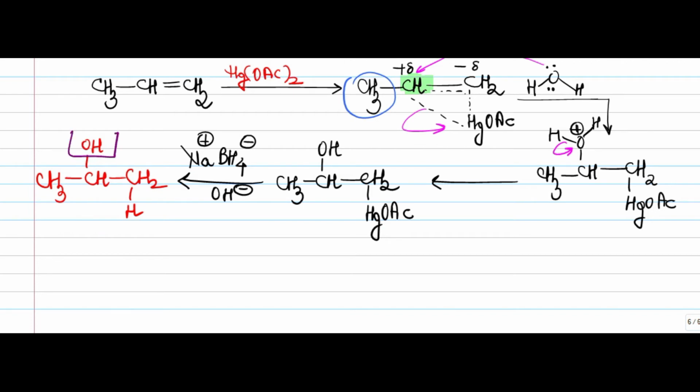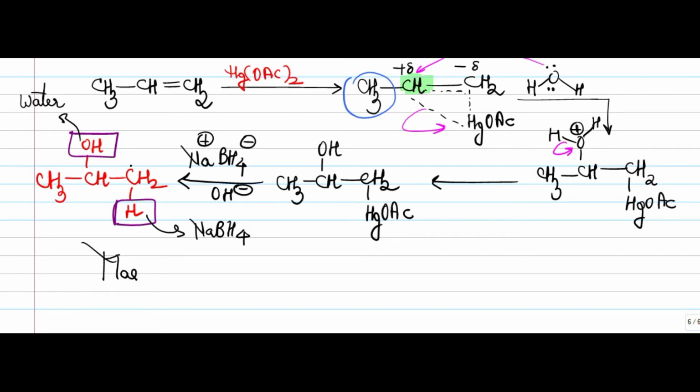Finally, if you consider what exactly happens, it is addition of water only, but OH is derived from water, which is the medium here, and H is derived from NaBH4. Overall, it is Markovnikov addition.